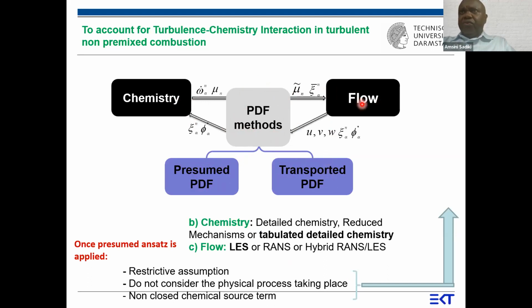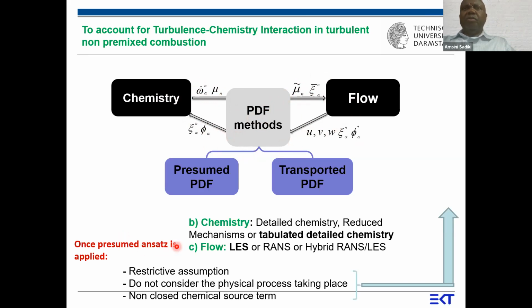For the flow field, we get the velocity field, the mixture fraction, and also the progress variable. And these, through consideration of the presumed PDF, go to the chemistry and we get this quantity. And from the presumed or the transported PDF, we obtain this value which comes back, and we have this interaction.